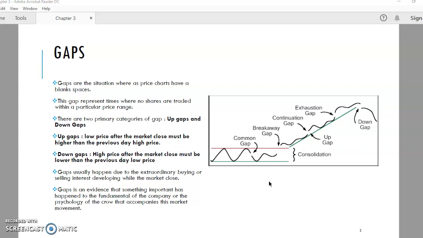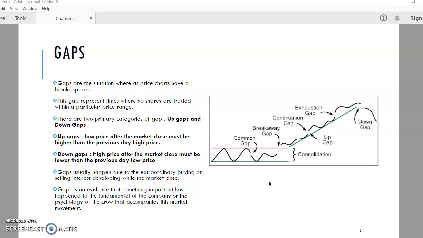To make sure they get the opportunity to buy, what they can do is offer a higher price. This situation will lead to a gap up.